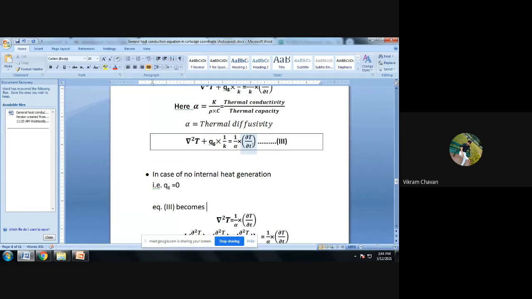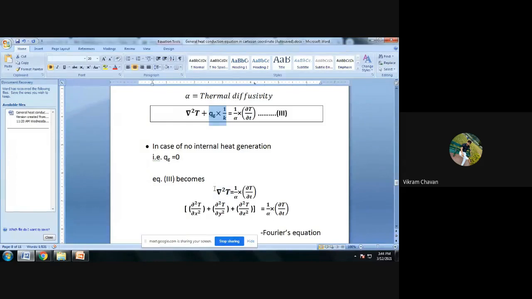When you introduce internal heat generation equal to 0, then Qg will be equal to 0, and the second term of the equation becomes 0. So the equation will be reduced to del square T equals 1 upon alpha multiplied by ∂T divided by ∂t.